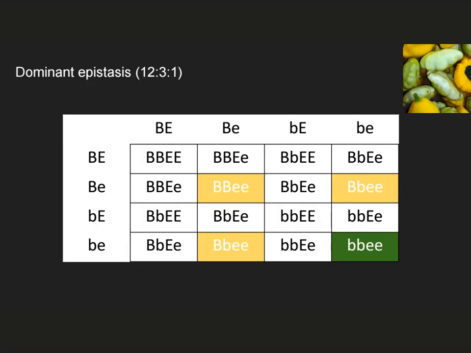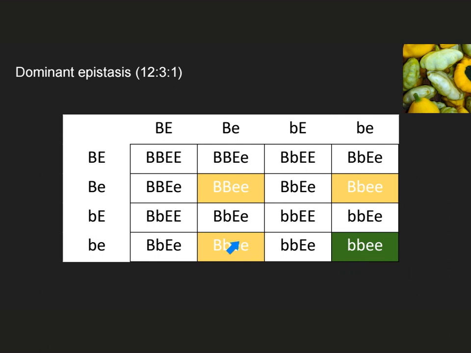We can also observe dominant epistasis. In here, you would observe a ratio of 12 to 3 to 1 of 3 different phenotypes among the offspring of the dihybrid cross. And now here, you can see where I have mapped those 12 to 3 to 1. The 1, again, I'm saying it's kind of the special case of the homozygous recessive.